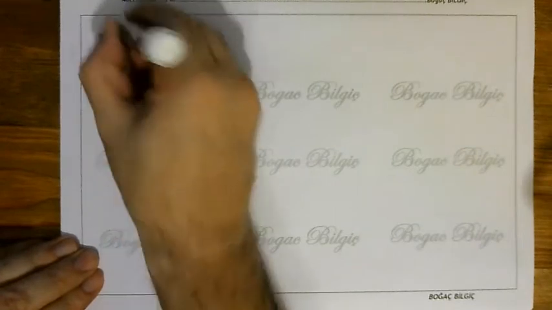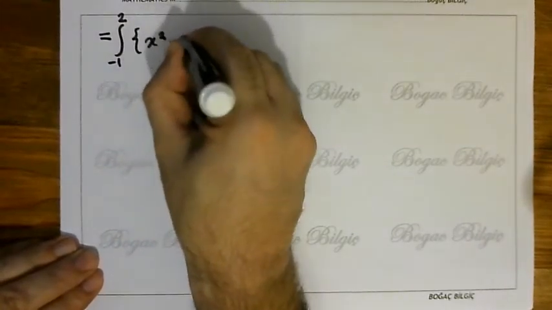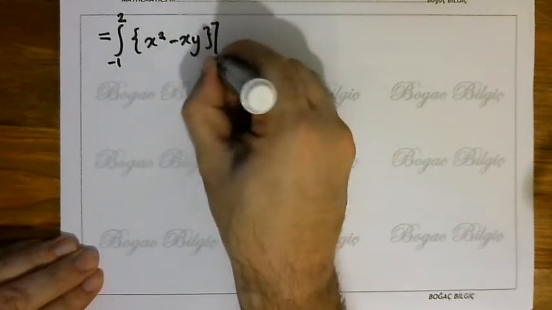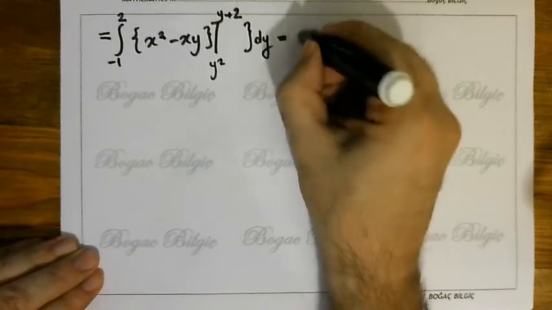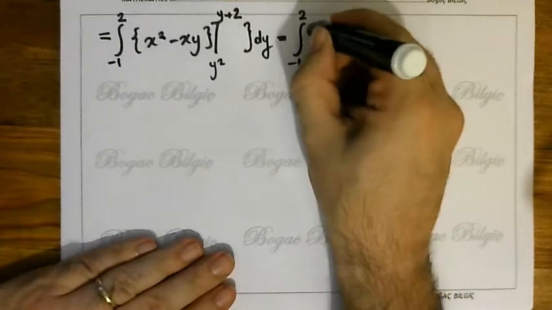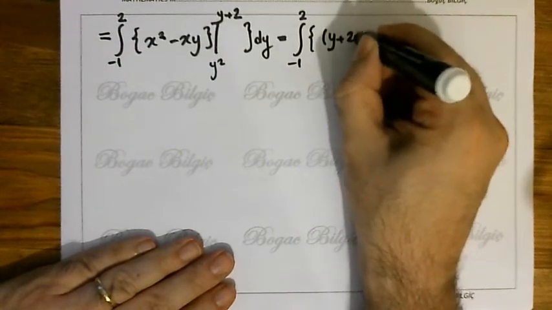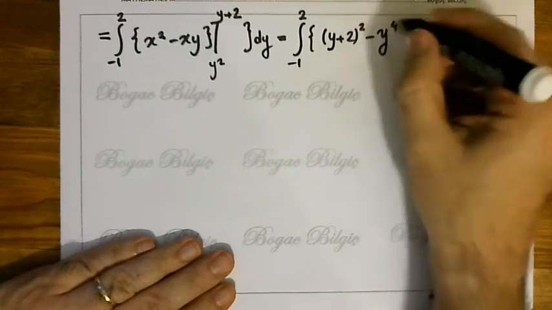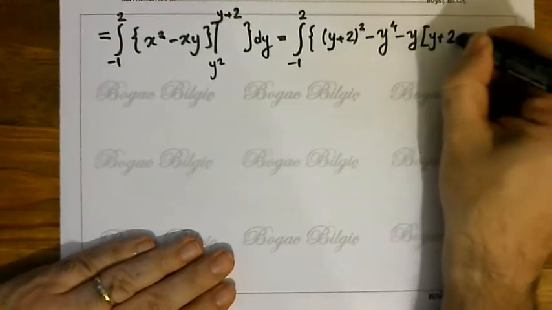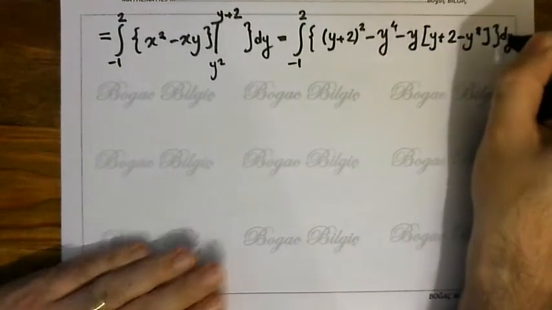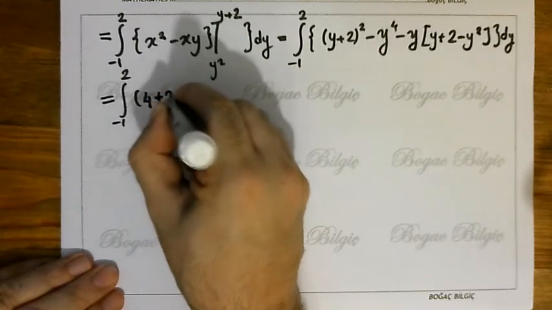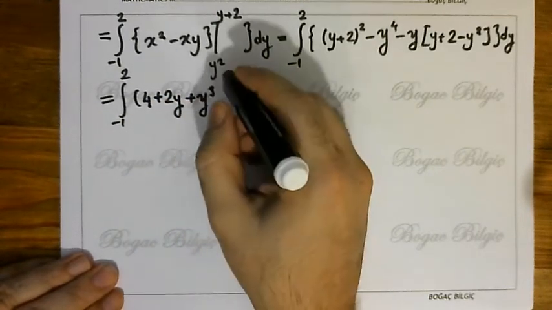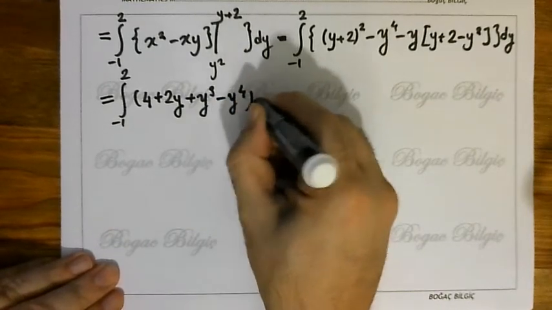is equal to x square minus xy from y square to y plus 2, dy, and then from minus 1 to 2, y plus 2 square minus y fourth minus y plus 2 minus 2 dy, and is equal to from minus 1 to 2, 4 plus 2y plus y square, sorry, y third minus y fourth dy.